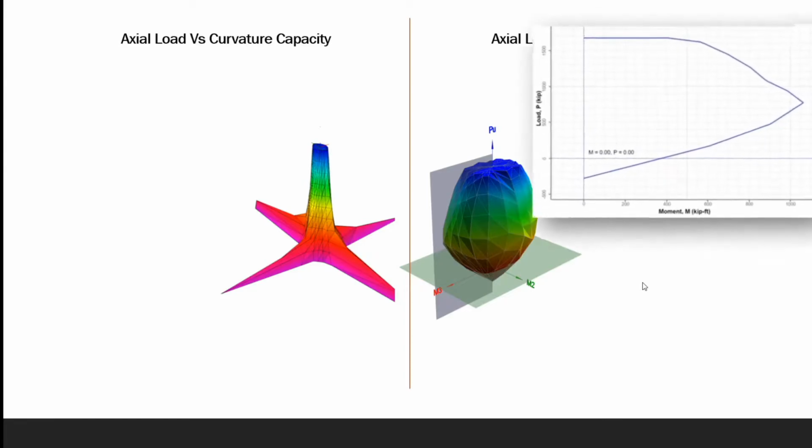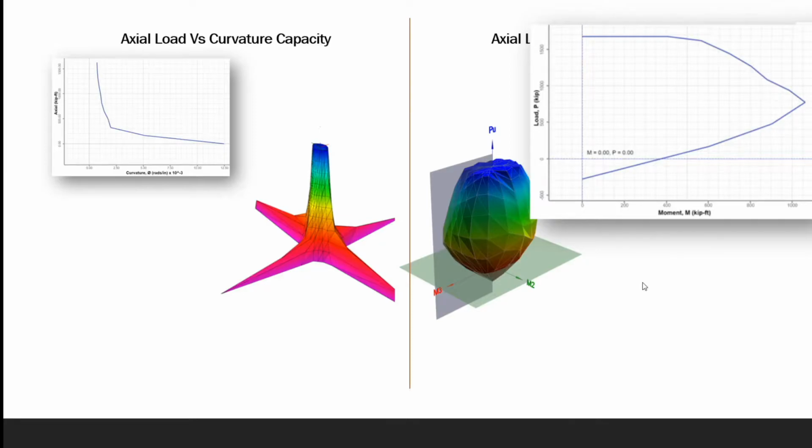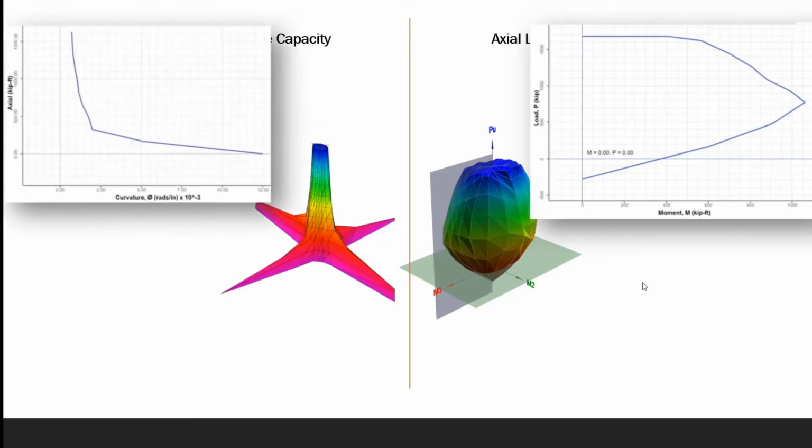And we can also see a similar interaction between axial load and maximum curvature, which represents a plot between maximum curvature along any axis and the axial load. And you can see that the picture is quite different.